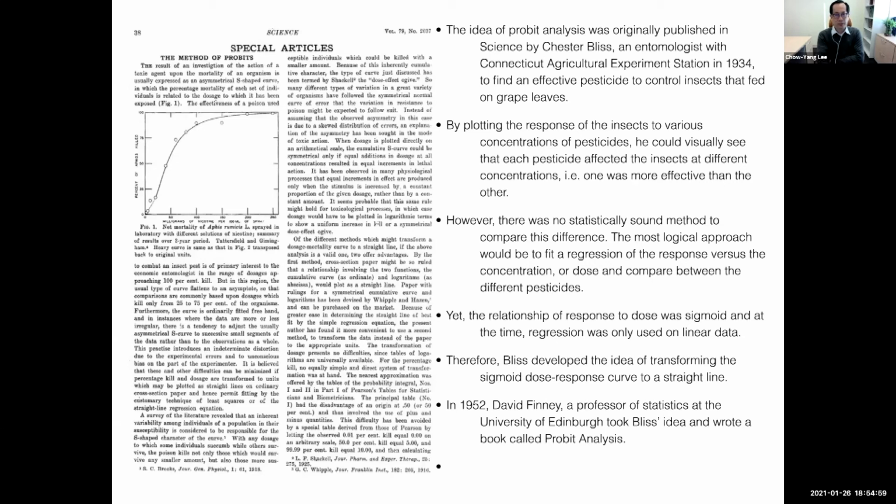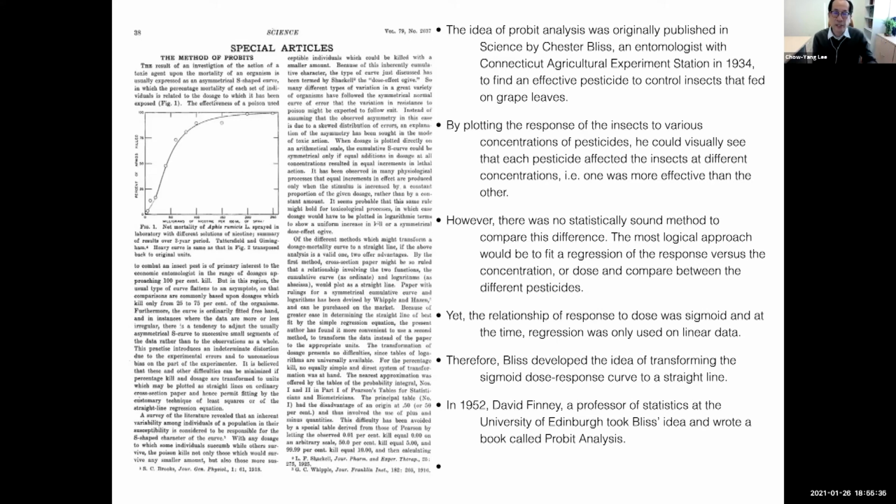When he plotted the insects' response to the pesticide, he could see that the pesticide affected the insects at different concentrations, but he obtained a curve that looks like that. The problem is that because it is a curve and not a straight line, it is not possible to determine the particular concentration that is able to kill, for example, 50% of the test insects.